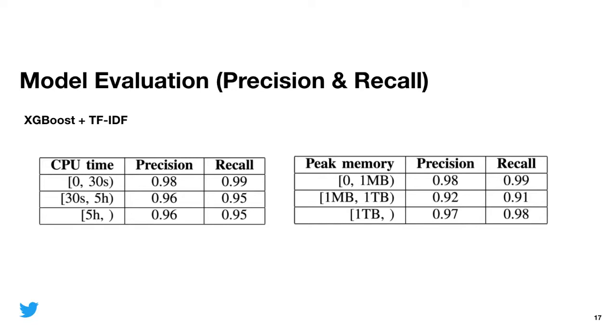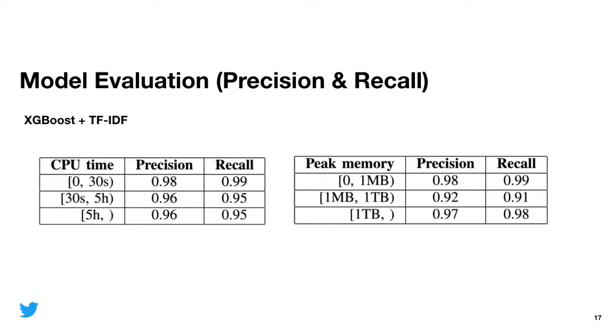We especially evaluated the precision and recall for each range of CPU time and peak memory bytes. And we especially concentrate on the resource consuming queries because those queries have a large impact on the overall SQL federation system. And from the results, we find that the precision and recall is also pretty good for this approach.